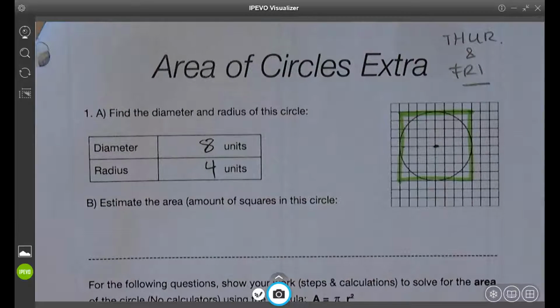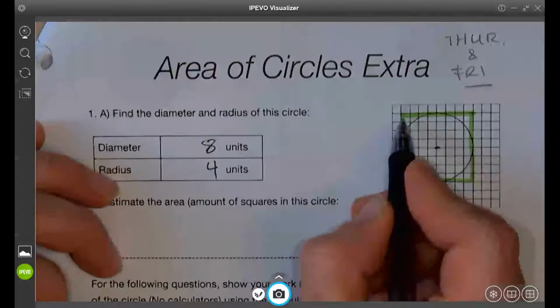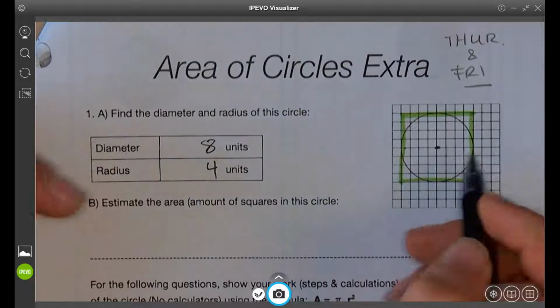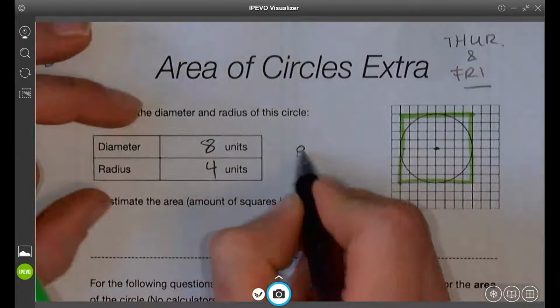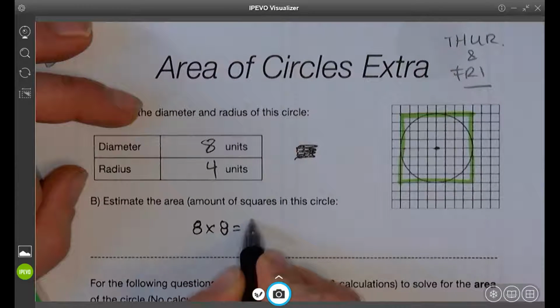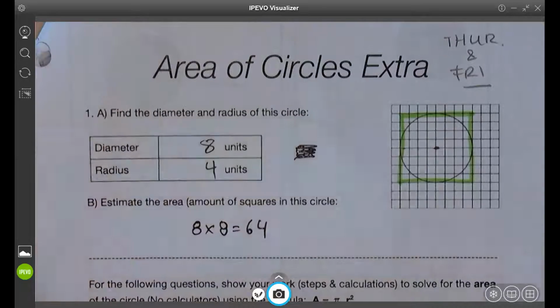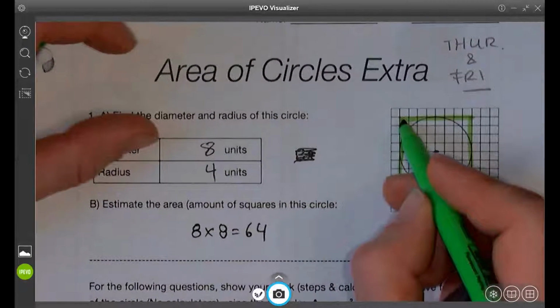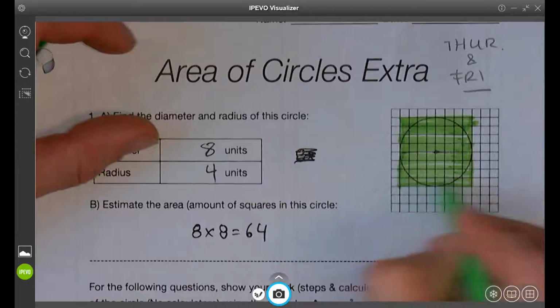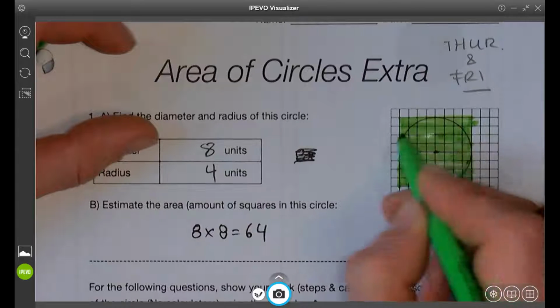So I'm going to go 1, 2, 3, 4, 5, 6, 7, 8. 8 times 8 is 64. 64 squares, all in green. But I want the area of the circle.